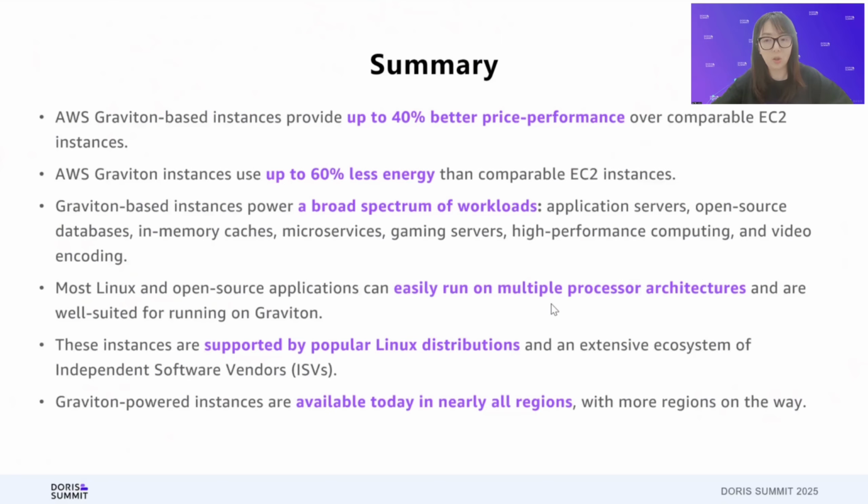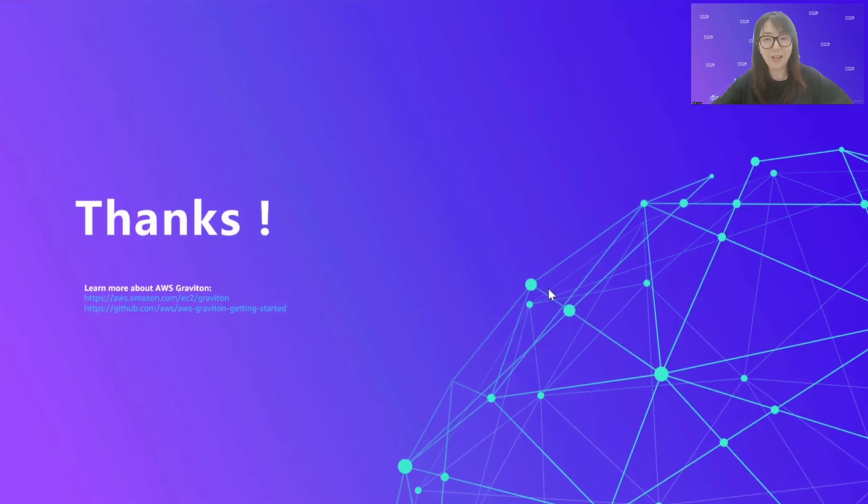First, significant cost savings and environmental benefit: up to 40% better price performance and up to 60% less energy. Second, broader workload support and easy migration and adoption. And also Graviton is available today in nearly all AWS regions. Thank you for your attention and I hope you will start your Graviton journey soon.